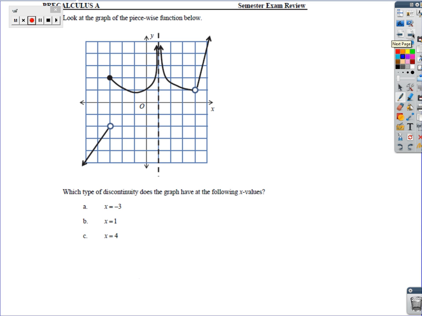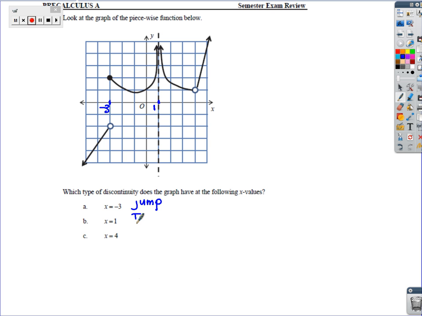All right, for problem number 3, we're looking at x equals -3, so this is -3. Notice there's a jump. It jumps from here to here. So the first one is a jump discontinuity. At x equals 1, notice that both sides are going up towards infinity, but they're not going to cross over 1.